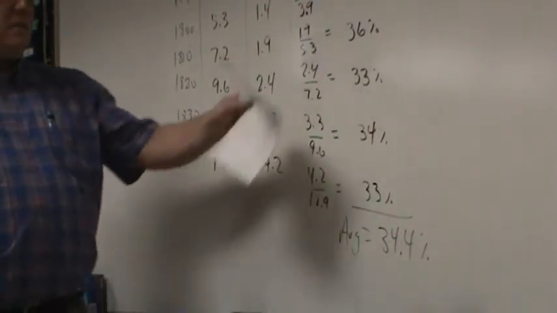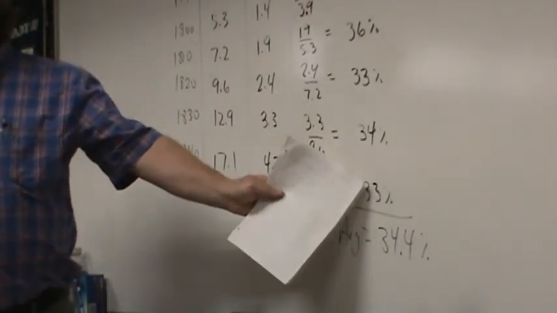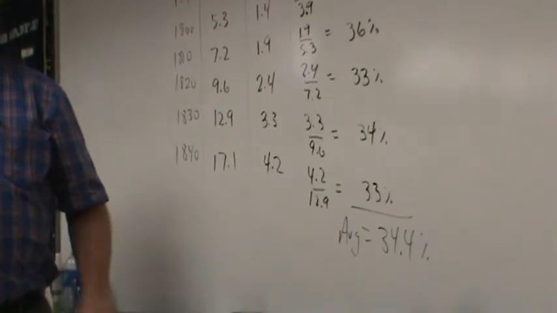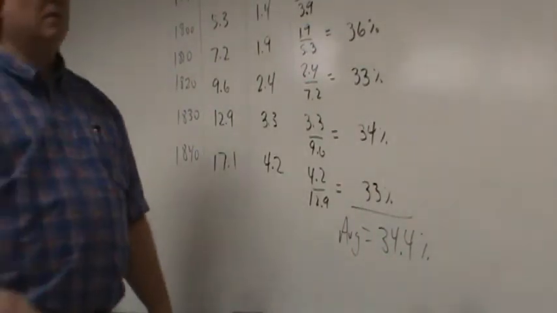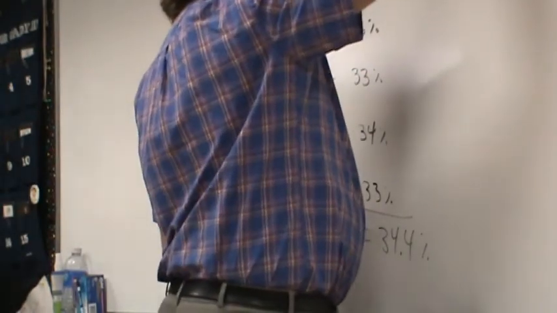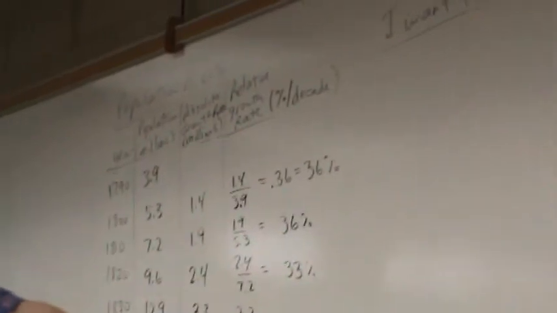Now, this is my relative growth rate per decade, but what if I want my continuous relative growth rate? I want K. Well, K isn't going to be 0.344. That's just telling me how much I get per decade.